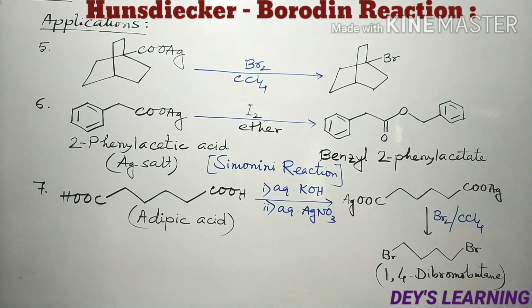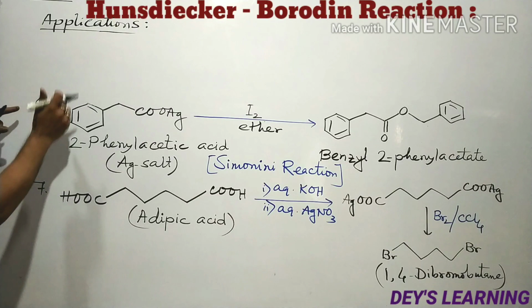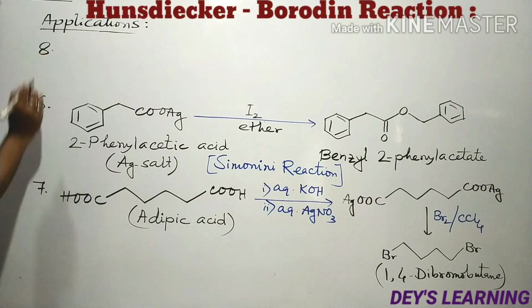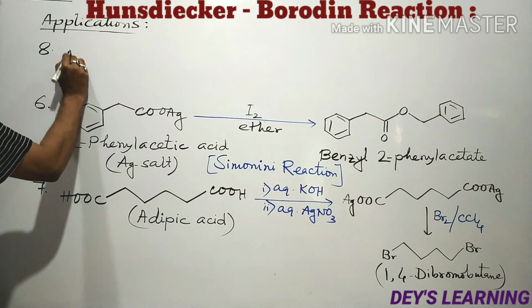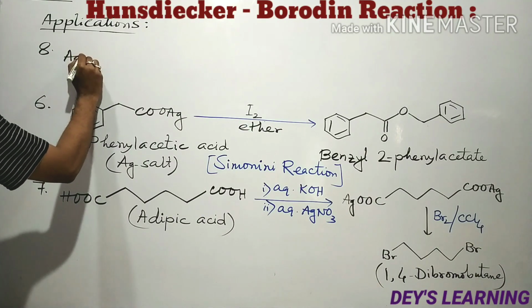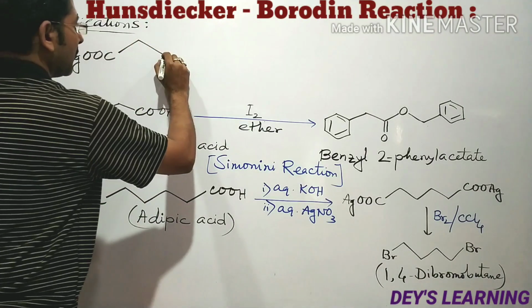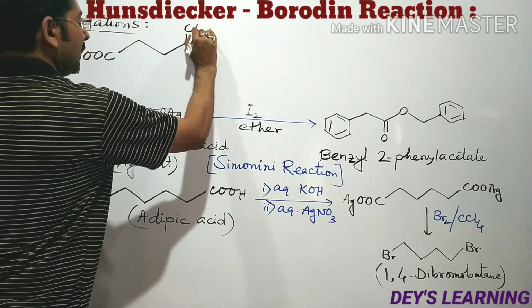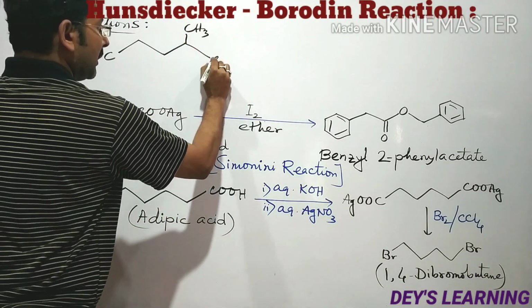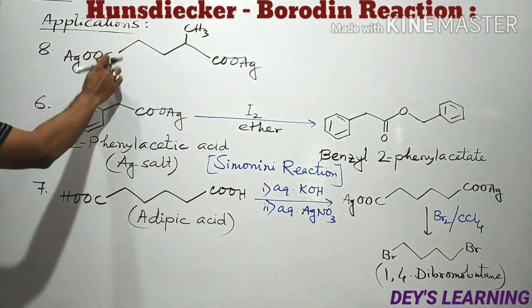Proceed to our next problem. Our next problem is like number 6, problem number 8. If we have the molecule like this one, AgCOC 1 2 carbons, then CH, a methyl maybe over here, and COAg, 1 2 3 4 5 6.